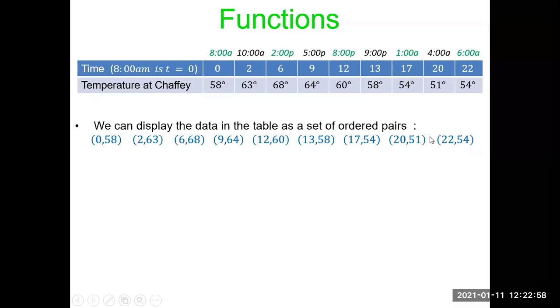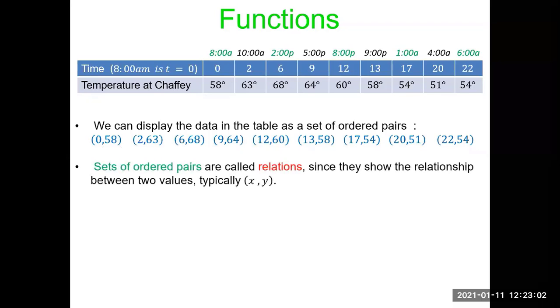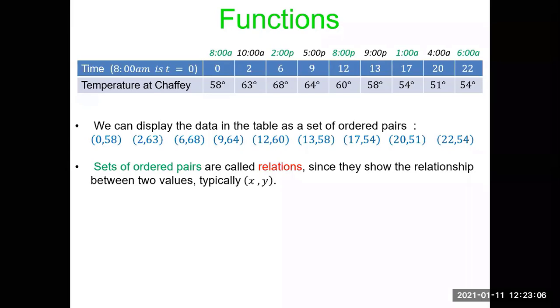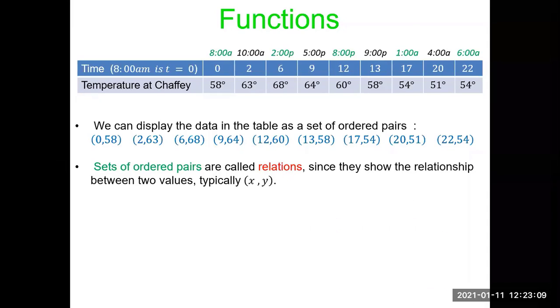Now, we haven't learned why this is a function yet, so let's just go ahead and recognize that what this really is called a relation. So a relation is just a set of ordered pairs, and sometimes a relation is referred to by a table, sometimes it's referred to by a graph. But notice that we call it a relation because it's showing a relationship between an x coordinate and a y coordinate.